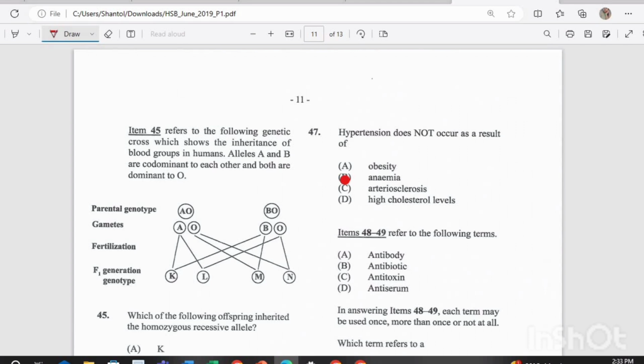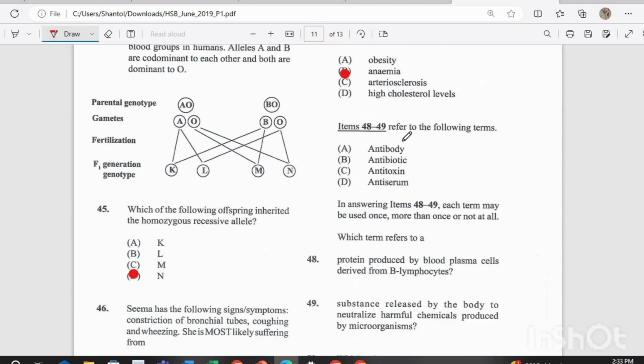Items 48 and 49 refer to the following terms: A. Antibody, B. Antibiotic, C. Antitoxin, or D. Antiserum. In answering items 48 and 49, each term may be used once, more than once, or not at all. Which term refers to a protein produced by blood plasma cells derived from B lymphocytes?